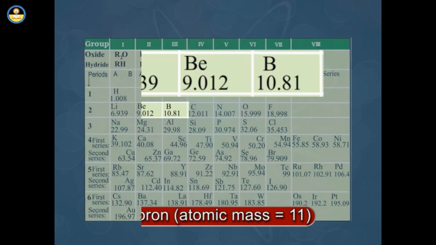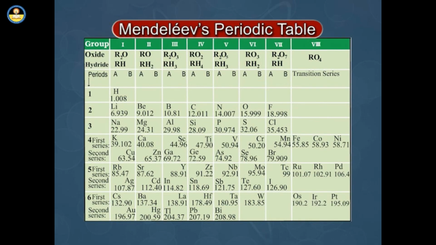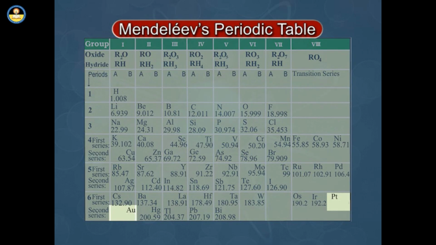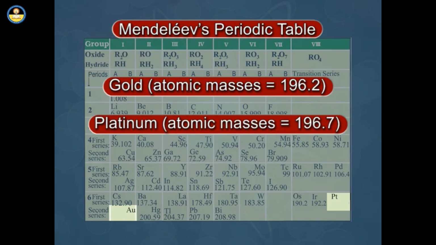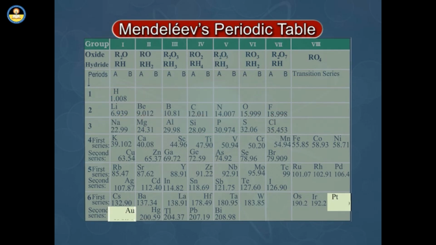At the time when Mendeleev gave his periodic table, gold and platinum were known to have atomic masses of 196.2 and 196.7 respectively. But Mendeleev placed gold after platinum in the periodic table and predicted that atomic masses of gold and platinum were incorrect.